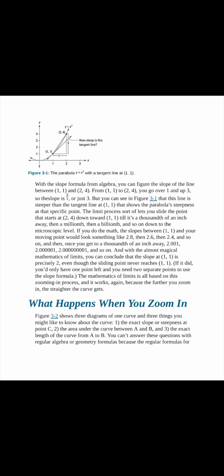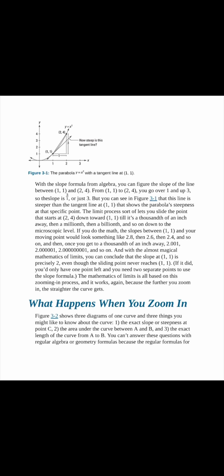The limit process sort of lets you slide the point that starts at (2, 4) down toward (1, 1) till it's 1,000th of an inch away, then 1,000,000th, then 1,000,000,000th, and so on down to the microscopic level. If you do the math, the slopes between (1, 1) and your moving point would look something like 2.8, then 2.6, then 2.4, and so on.